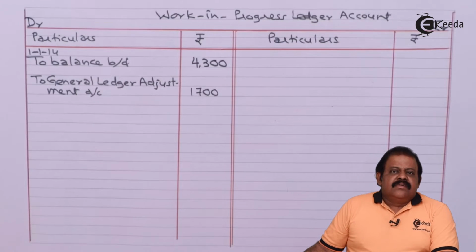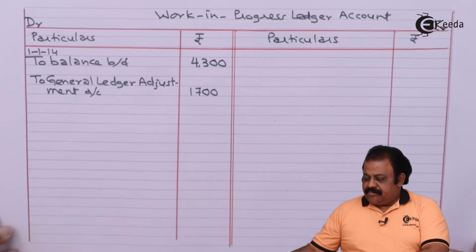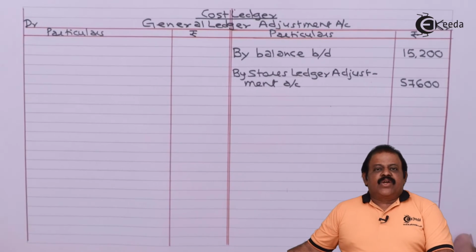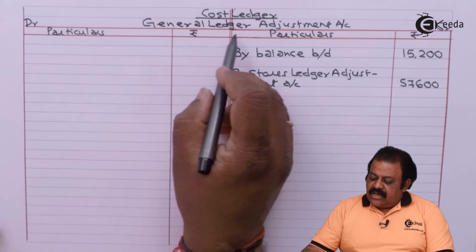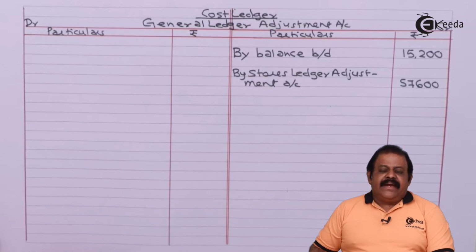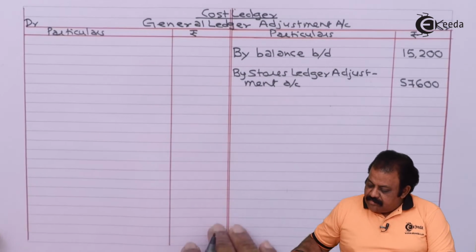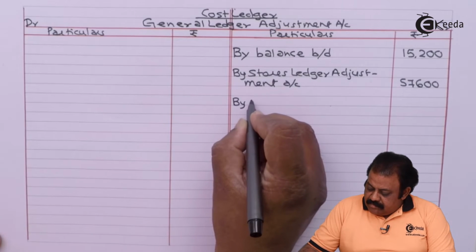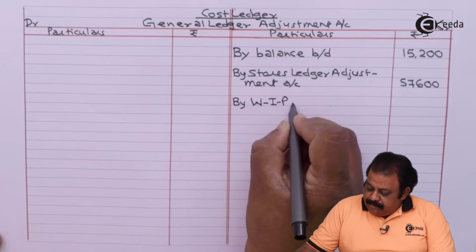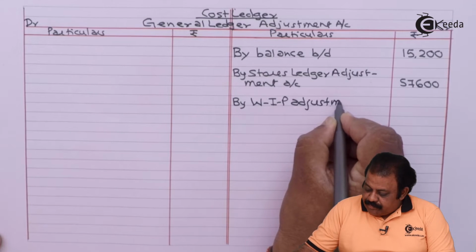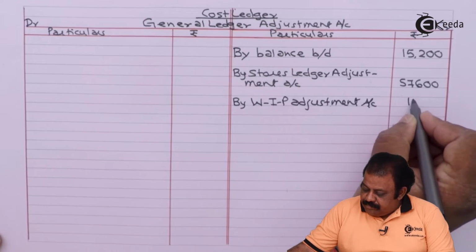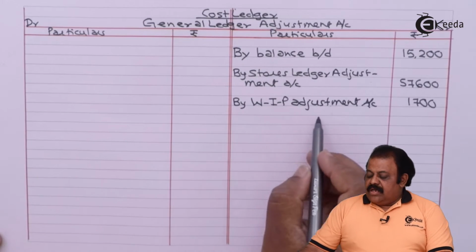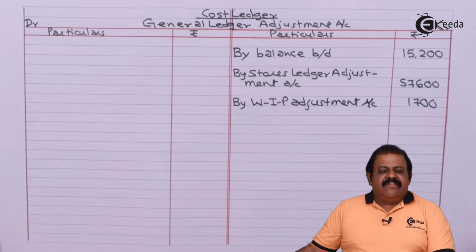This is material issued to special jobs 1,700. Second effect of this, general ledger adjustment account credit side. By work in progress adjustment account 1,700.